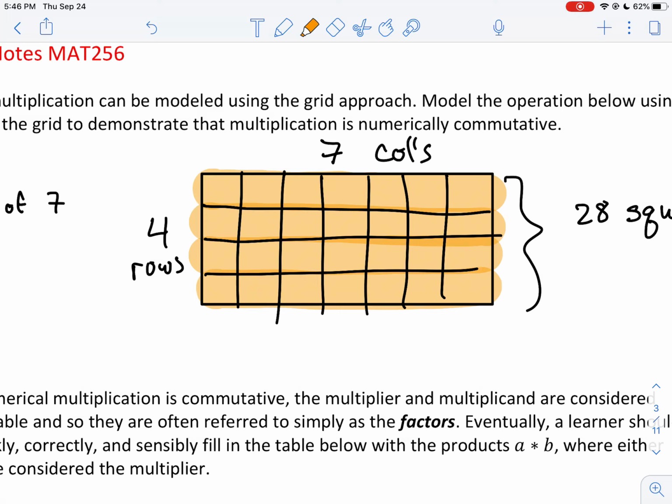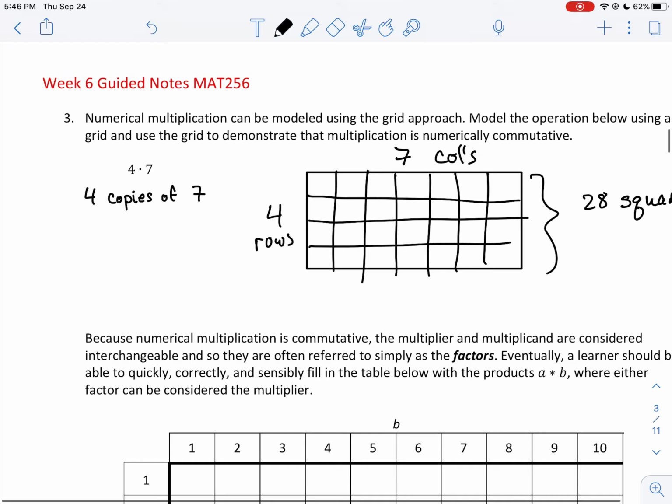And when you put those 4 7s together, you get this 28, which introduces the idea that when you're doing multiplication of whole numbers, you can think of multiplication as doing some sort of repeated addition. So you have 4 copies of 7 added together, and that gives us the 28.